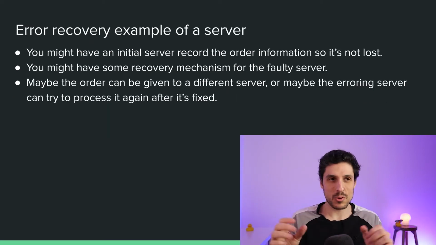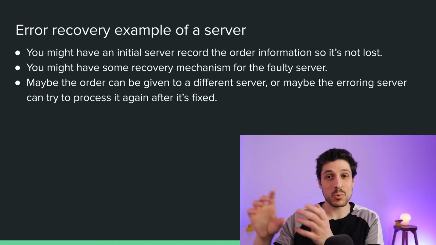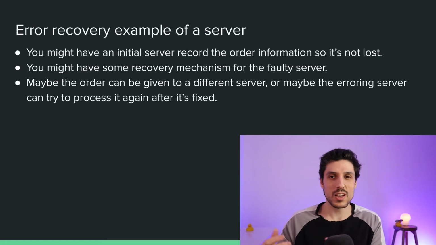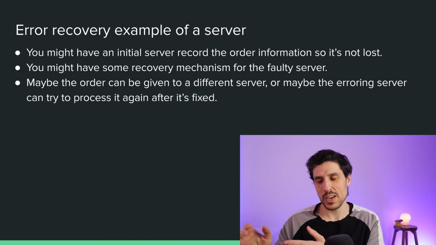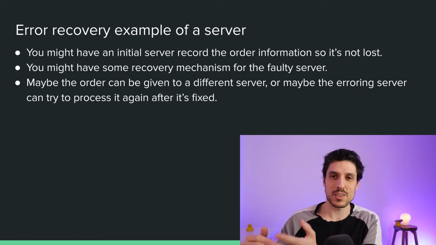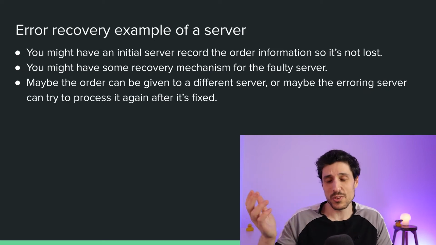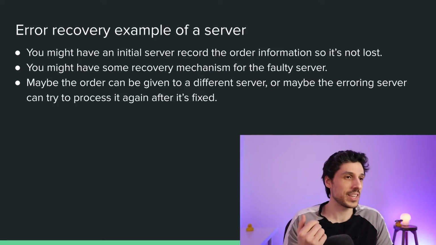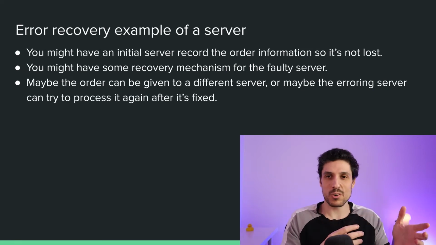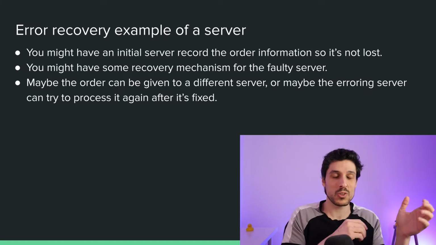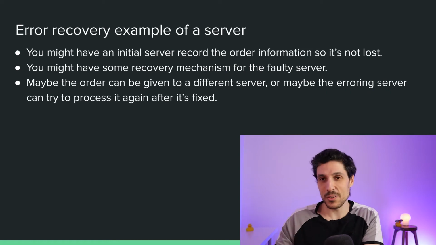As a made-up example, consider that you have a backend that accepts network requests to process orders or whatever. And while processing one of those orders, a server might error. It might crash or something might go wrong, whatever it is. So there are a few things that are possible for you to do in this situation. Some of them might be things like this. You could have an initial server record the order information ahead of time so that it's not lost if the erroring server can't do it, right?